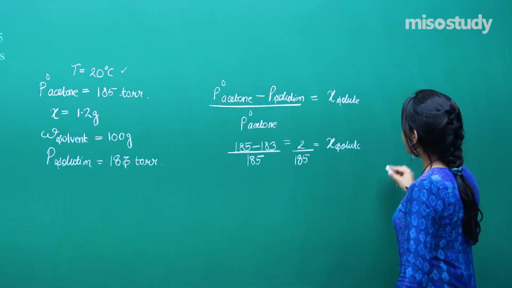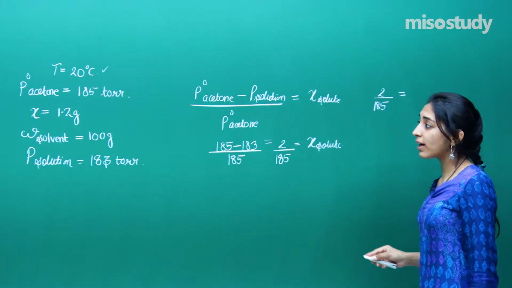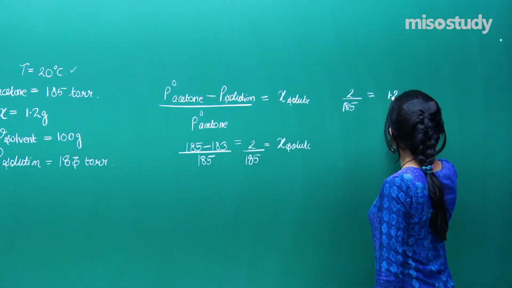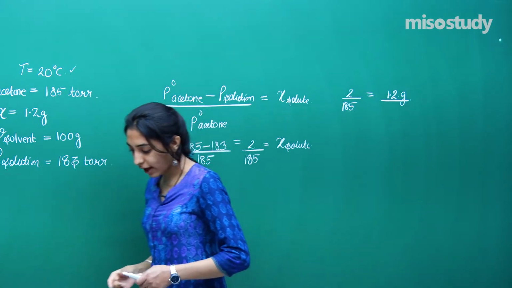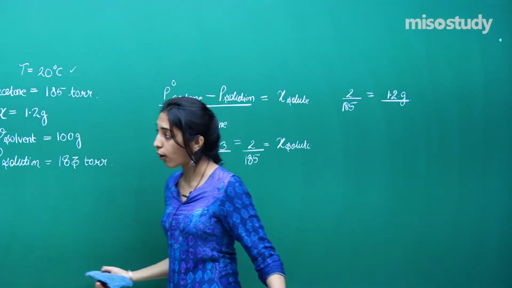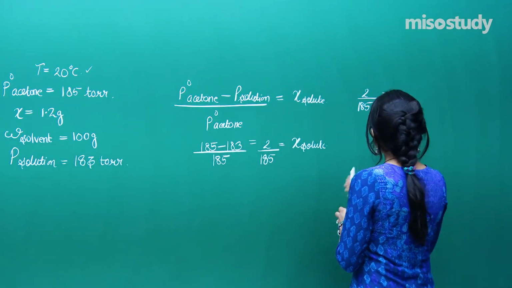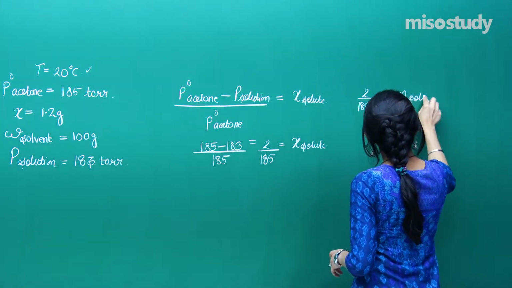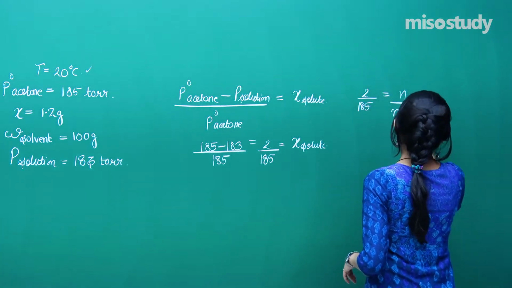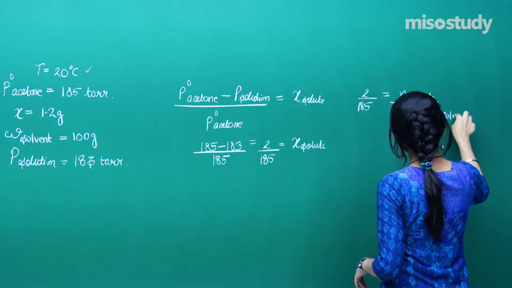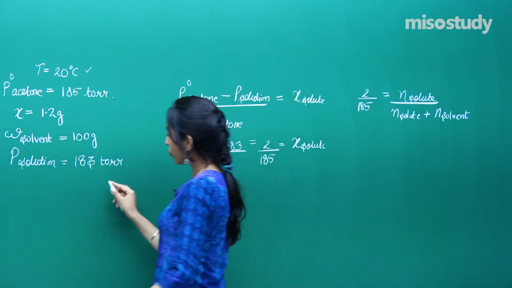So if I write down 2 by 185 is equal to the given mass, the given mass is 1.2 divided by, okay, the better thing I should have done is I should first have written the formula for the mole fraction: the number of moles of solute by the number of moles of solute plus number of moles of solvent. Acetone, you already know, could be written as CH3COCH3.